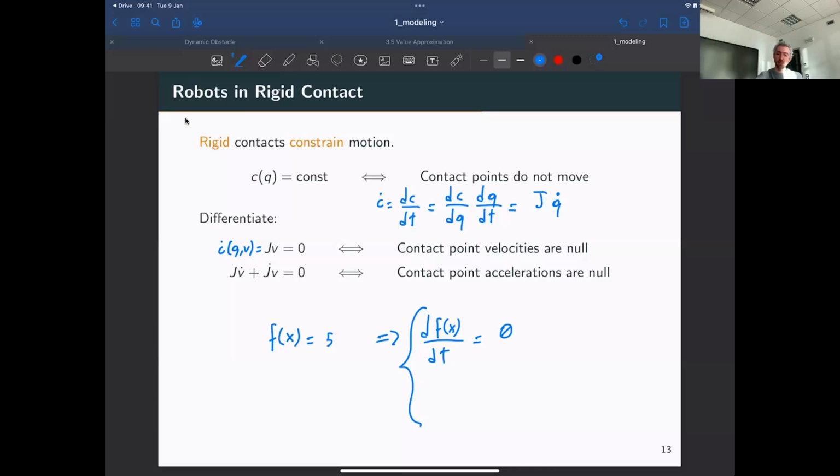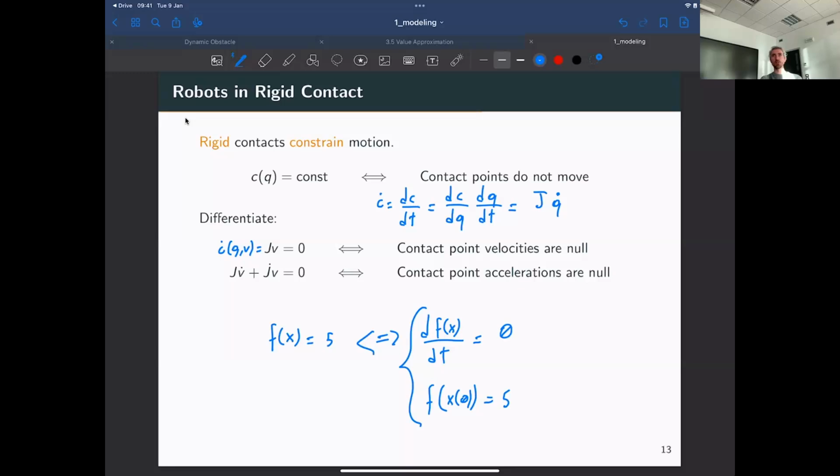But if we add the information that f of x at time 0 is equal to 5, so that the initial value at time 0 of that function is 5, then we recover equivalence between the two.